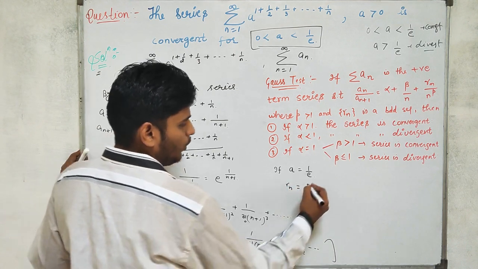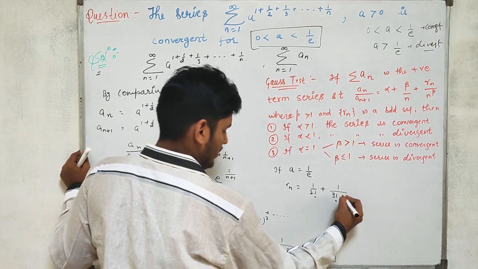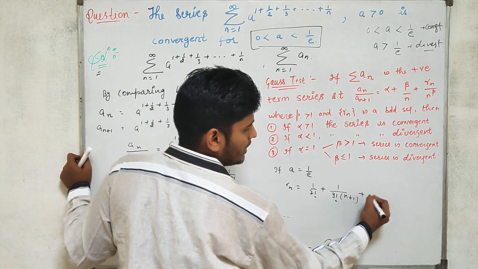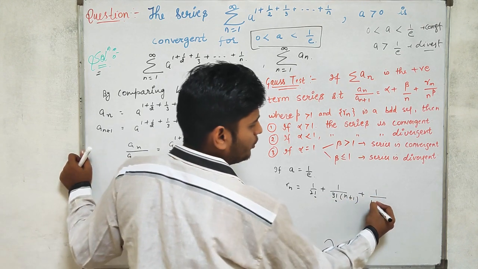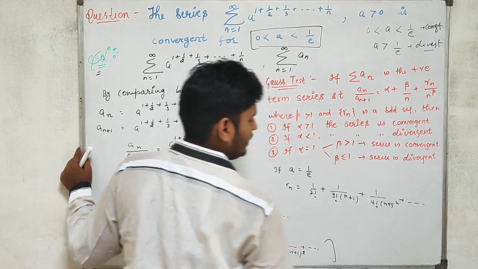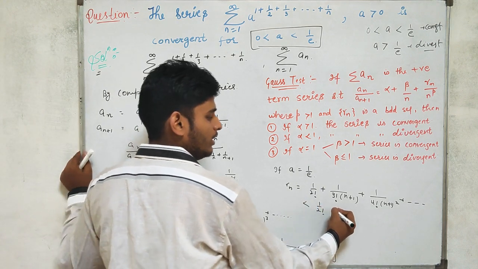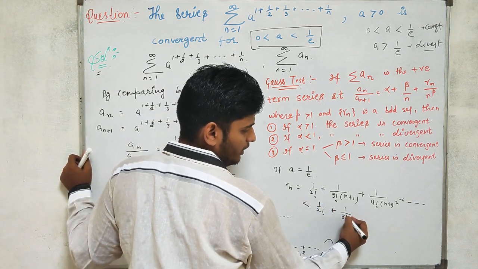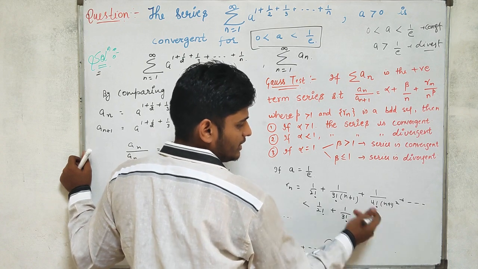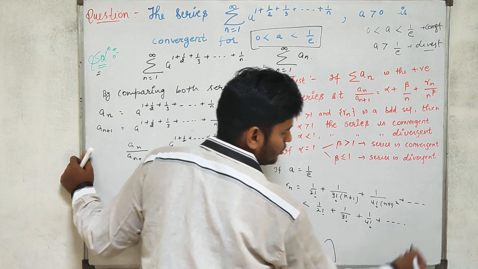It's 1 upon 2 factorial plus 1 upon 3 factorial into (n plus 1) plus 1 upon 4 factorial into (n plus 1) squared, and so on. This is less than 1 upon 2 factorial plus 1 upon 3 factorial plus 1 upon 4 factorial and so on.